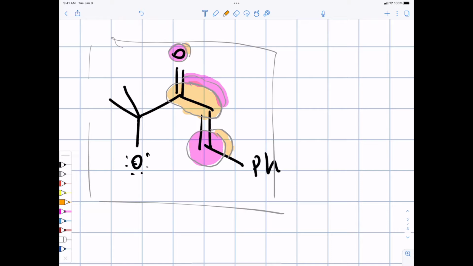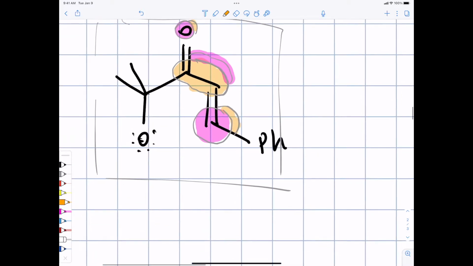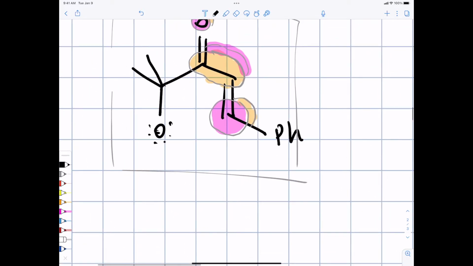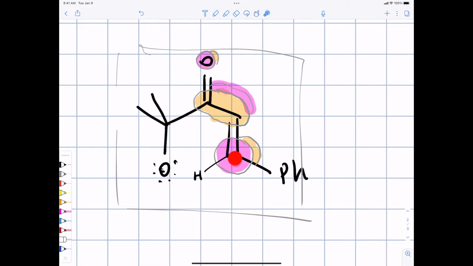Okay. And remember the Burgi-Dunitz, maybe I'll just draw this hydrogen here. The Burgi-Dunitz angle tells you that you're going to want to approach this carbonyl carbon from above the plane, basically from this trajectory. So the angle we make between the pen and the page is about 105 to 109 degrees.